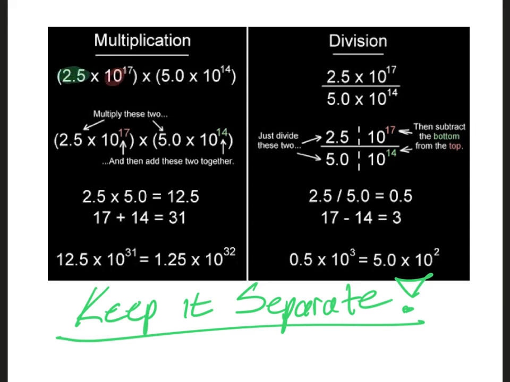These are what you're going to keep separate. Your quantities will be multiplied or divided, and then your orders of magnitude, the times 10 to 17, times 10 to the 14, those numbers will either be added if you're multiplying or subtracted if you're dividing.